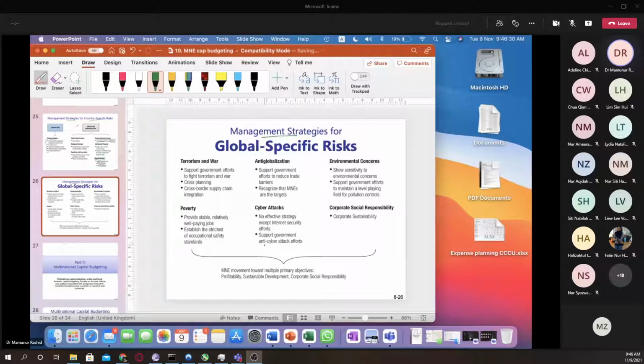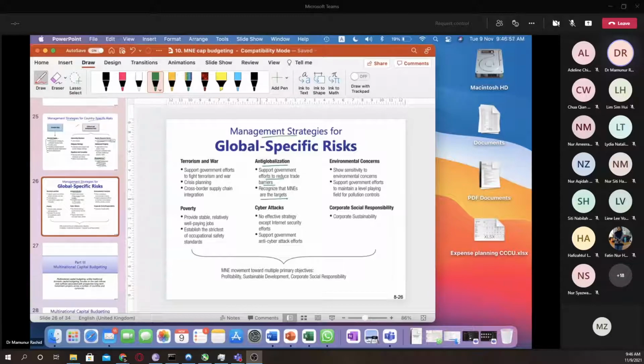For example, you are in a country where there is anti-globalization. So what do you do? Support government effort to reduce trade barriers, and recognize that MNEs are the targets. So you need to talk to the government and negotiate that anti-globalization should not target the MNEs.